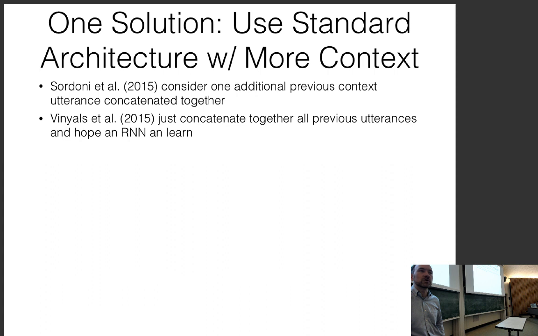You could get semi-coherent conversations. They didn't actually evaluate the coherence of the conversations very directly, so it's kind of hard to tell in a very systematic way, but they had nice qualitative results, which may or may not have been cherry-picked.